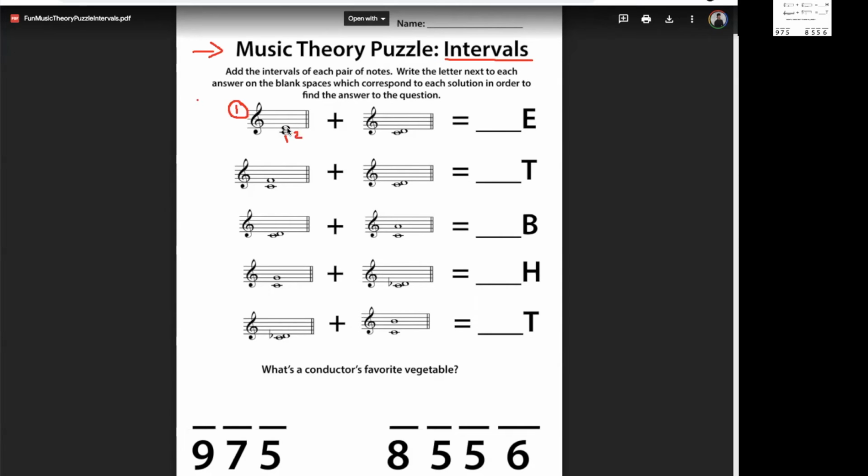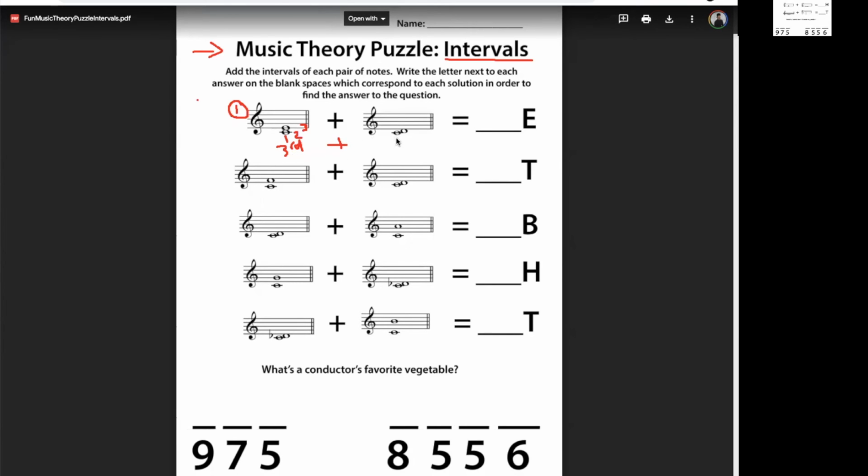And then the next note is this note on the first line of the staff, and that is now line number 3 or note number 3, and this would be a third. So I will put a third here, and then so that's plus 3 plus.